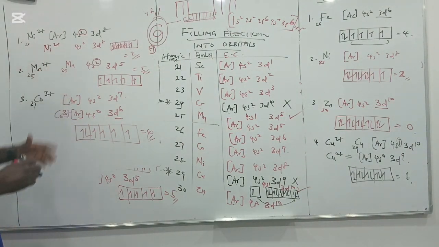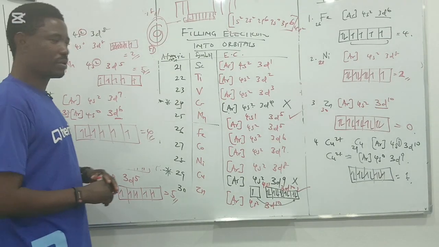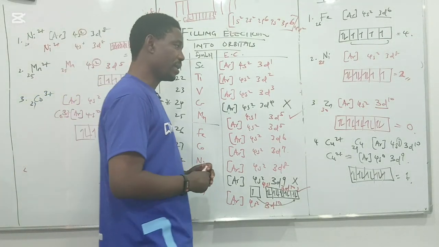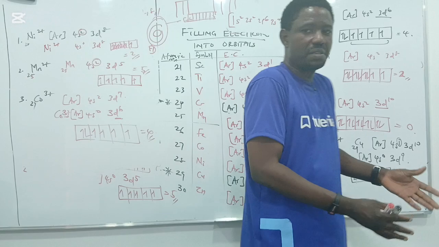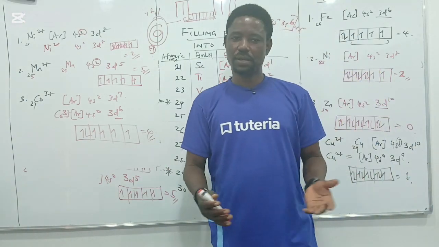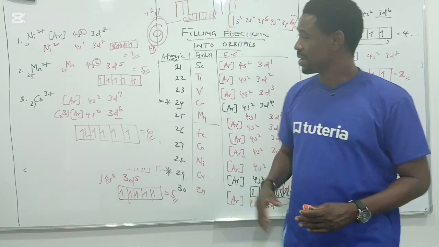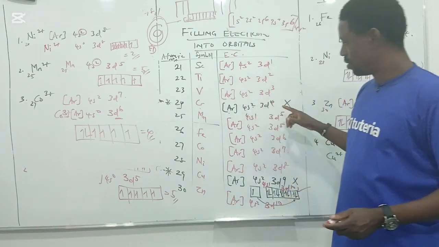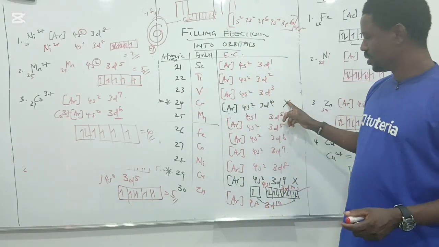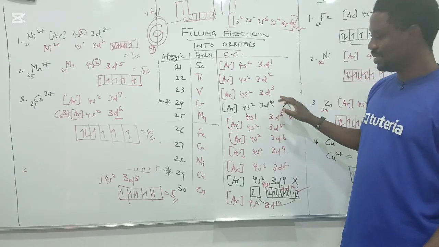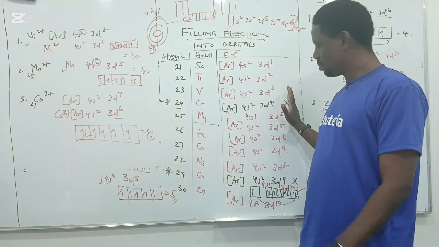Right, so this is how to use Hund's rule to calculate the number of unpaired electrons in the ground state or excited state, whether the atom is charged or not charged. But don't forget the switch of chromium. Chromium is trying to stabilize the system by making a stable configuration.